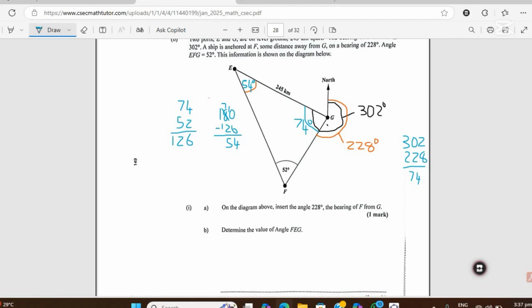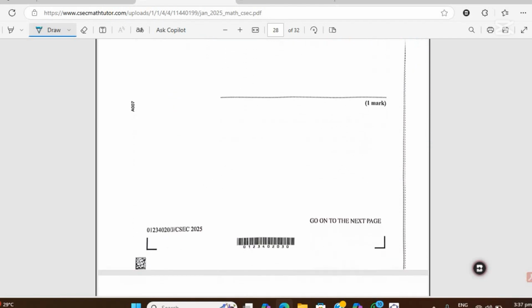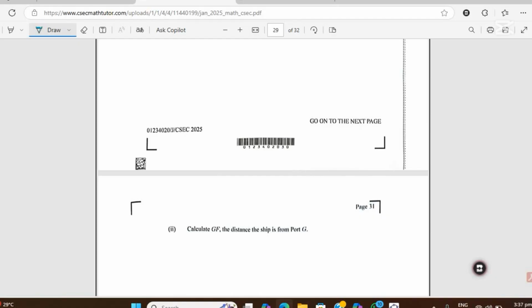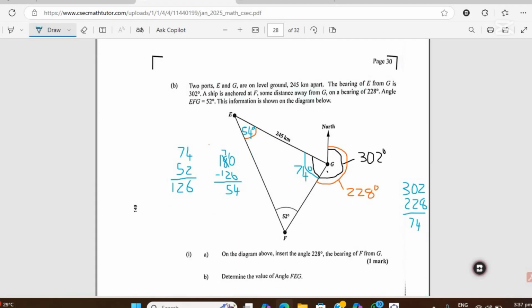But you're using your angle properties, and therefore you must know these properties. The sum of the angles in a triangle, let's review that. The sum of the angles in any triangle is 180 degrees. So if I add angle E, angle G, angle F, I should get 180 degrees. You can check that for yourselves on your calculators.